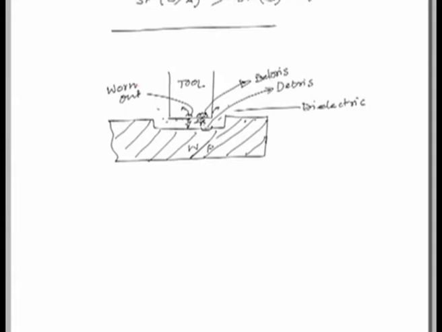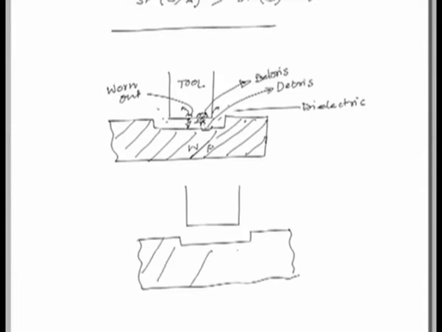However, if we use some powder particles here, then what happens? Principally, it works like this. This is the workpiece, this is the tool. Now, small abrasive particles are suspended in the dielectric.